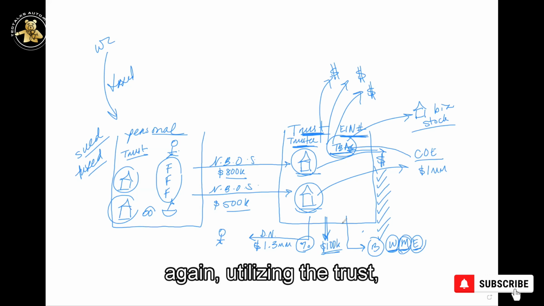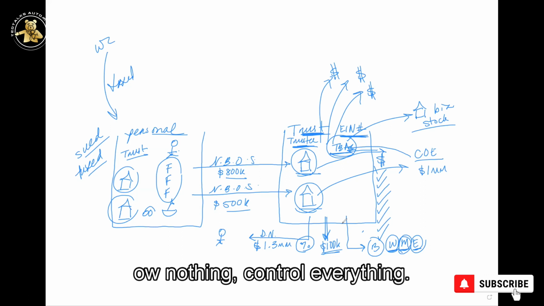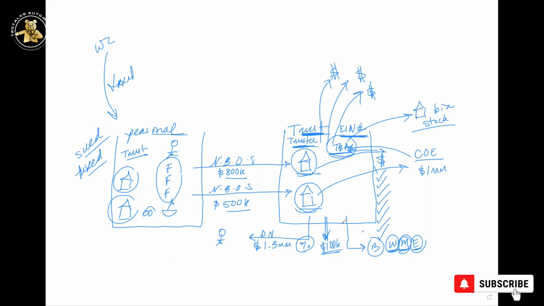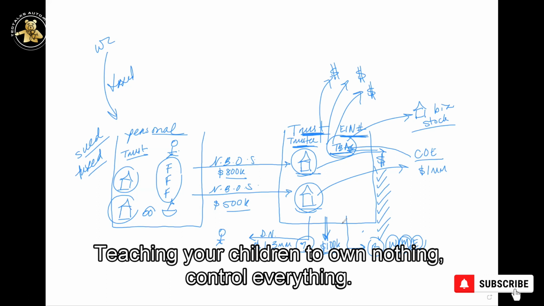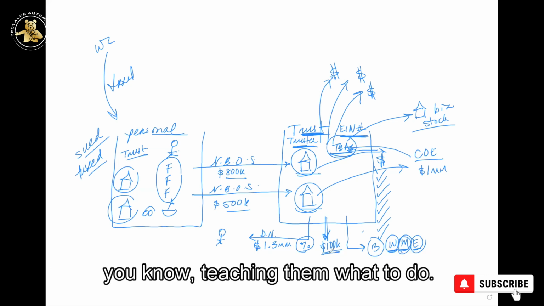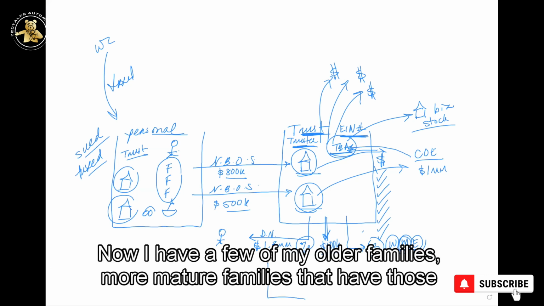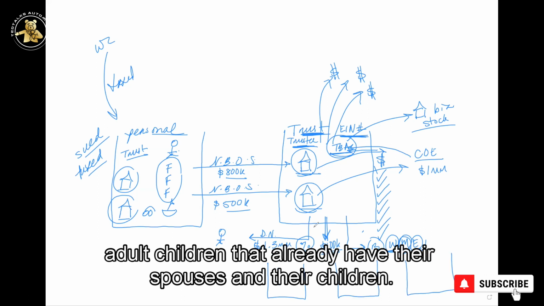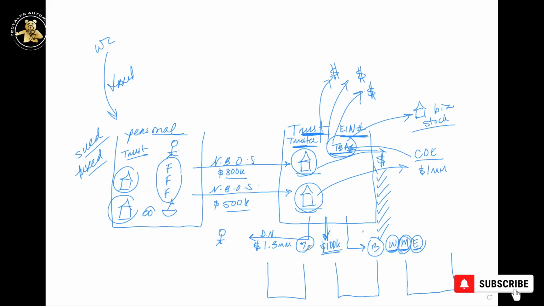So again, utilizing the trust, own nothing, control everything, teaching your children to own nothing, control everything, right? You just don't want to give them the cash to put in their own personal bucket, teaching them what to do. Now, I have a few of my older families, more mature families that have those adult children that already have their spouses and their children. Well, they want to leave equal parts.